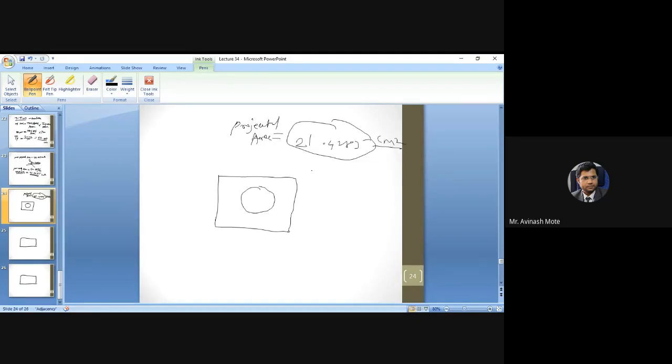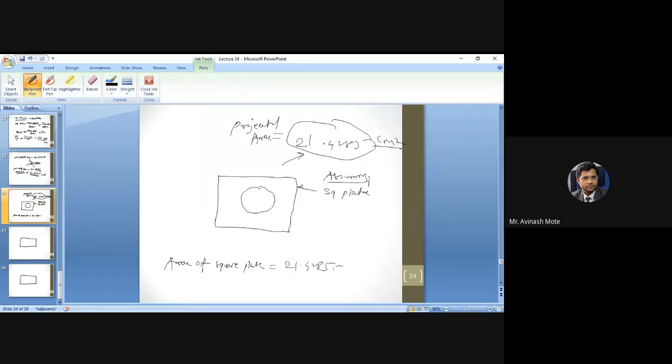So we are assuming the mold surface as a square plate, and this is the area of the square plate, 21.4285.